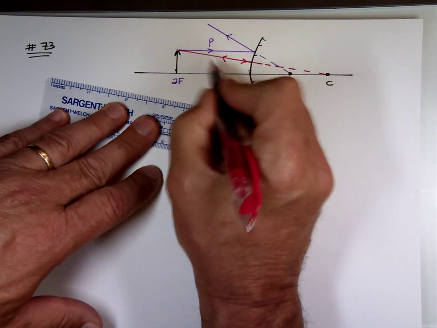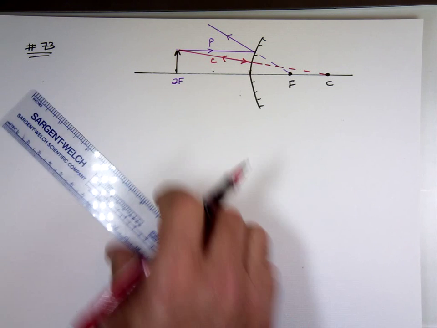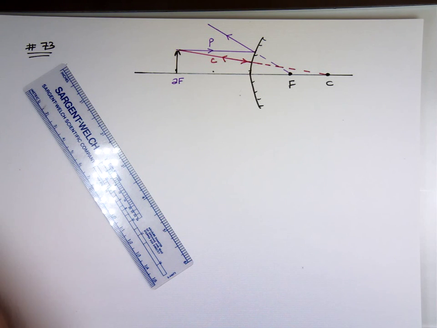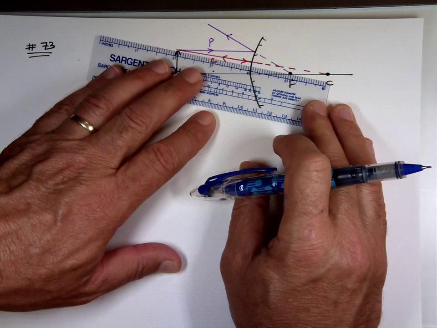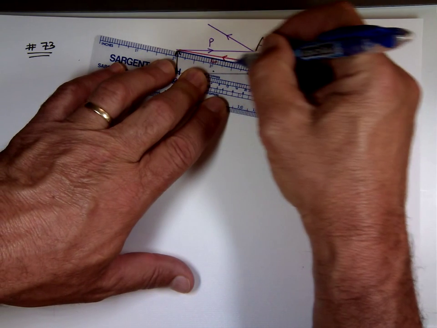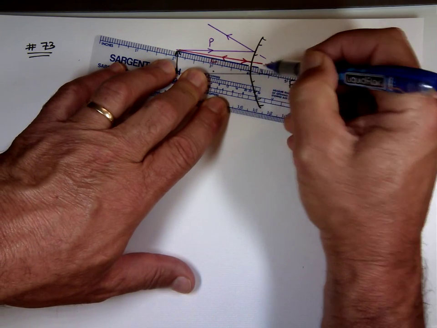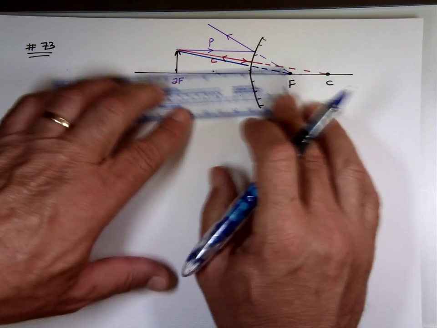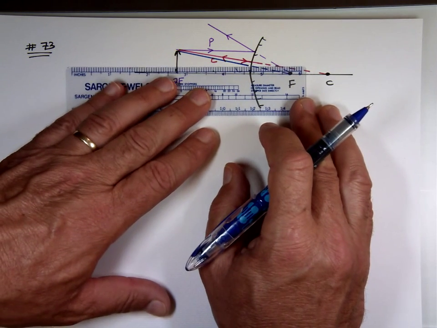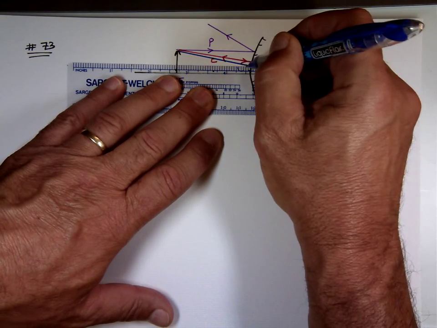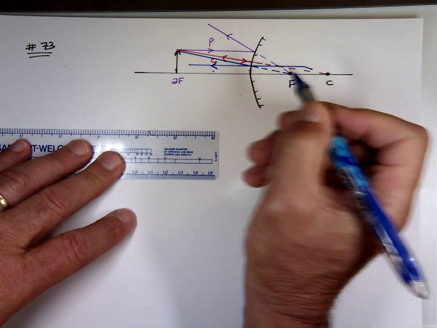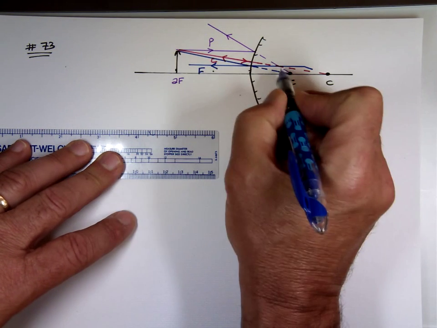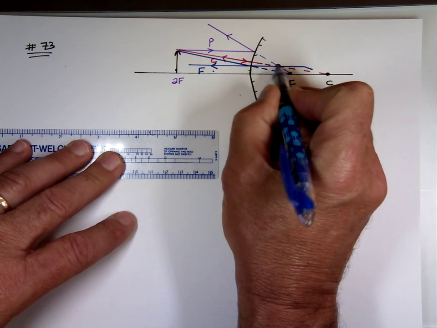This is C. And the last one is going through the F. Again, when it deflects, this is parallel. And if I extend that line, this is the F ray. Where the three of them meet, which is right here, that's where my image is going to be.